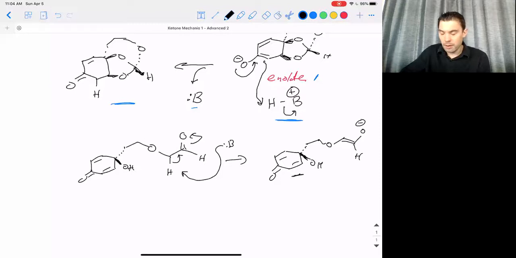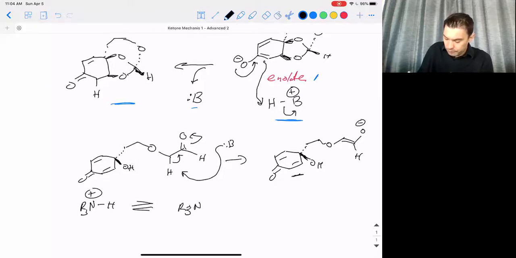The thing that probably drives this reaction in the forward direction has a lot to do with pKa's. And so I would encourage us to review that. So in this case, our DBU salt should have an aqueous pKa of about 14.